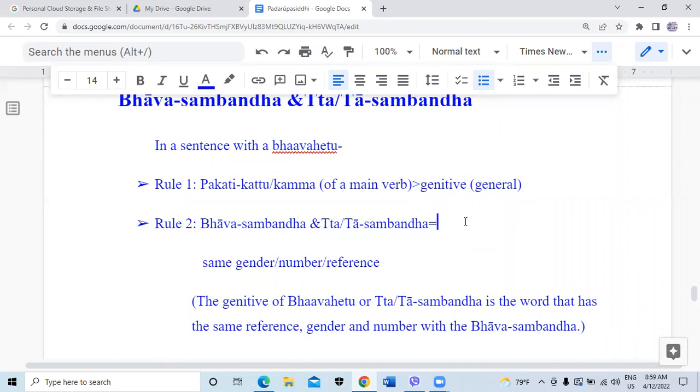So if the Bhāvataddhita word is passive, the object in that sentence must become the genitive of that Bhāvataddhita word. If the Bhāvataddhita word is katu, active, the subject in the sentence must become the genitive of that Bhāvataddhita word, like this.